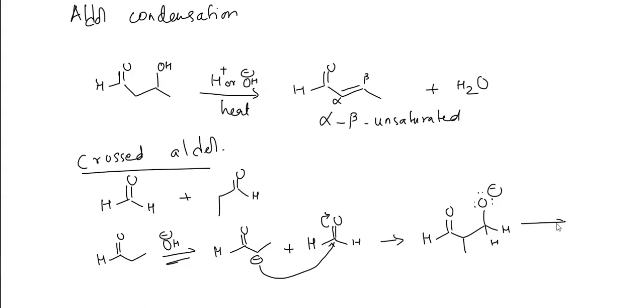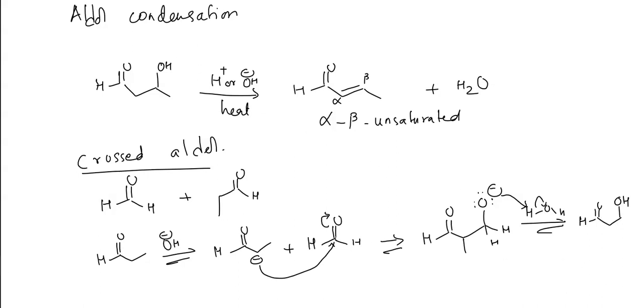Now the last step, these are all equilibrium steps, would be hydrolysis, where protonation happens, the formation of a beta hydroxy compound. So I don't need to draw the hydrogens.